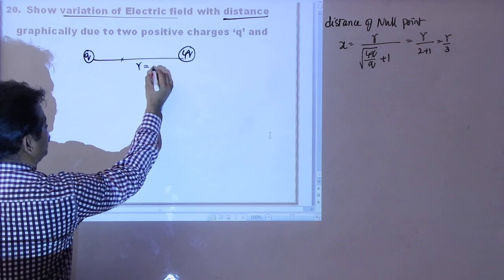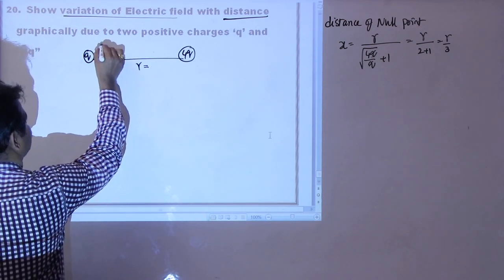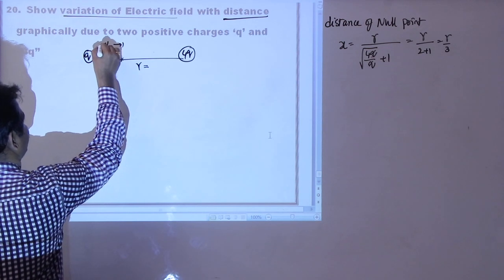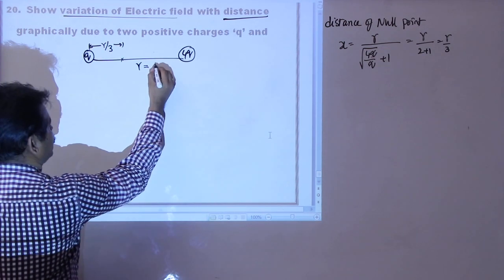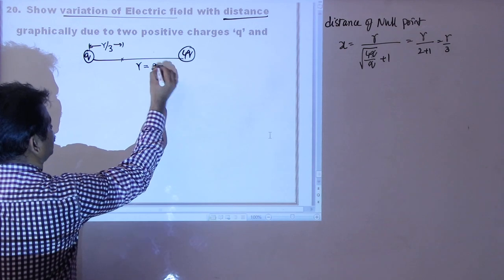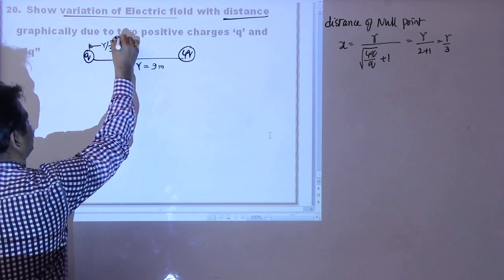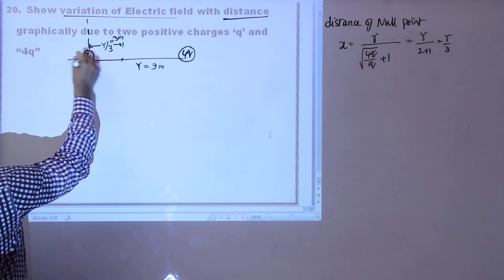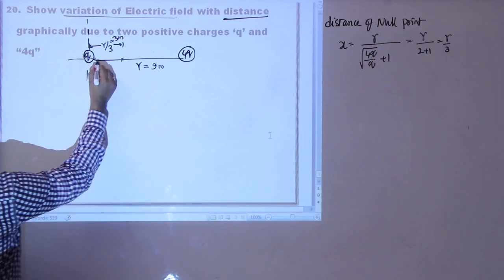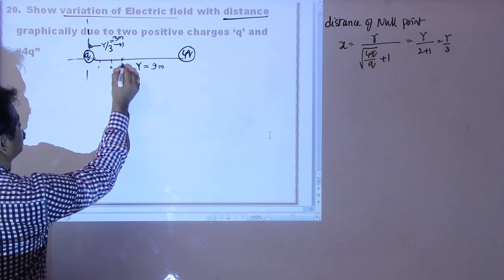So to solve this problem and show the variation of electric field, let me take some values here. R, and this will be R by 3. So let us say this is 9 meters and this will become 3 meters. And let me take this as the origin.